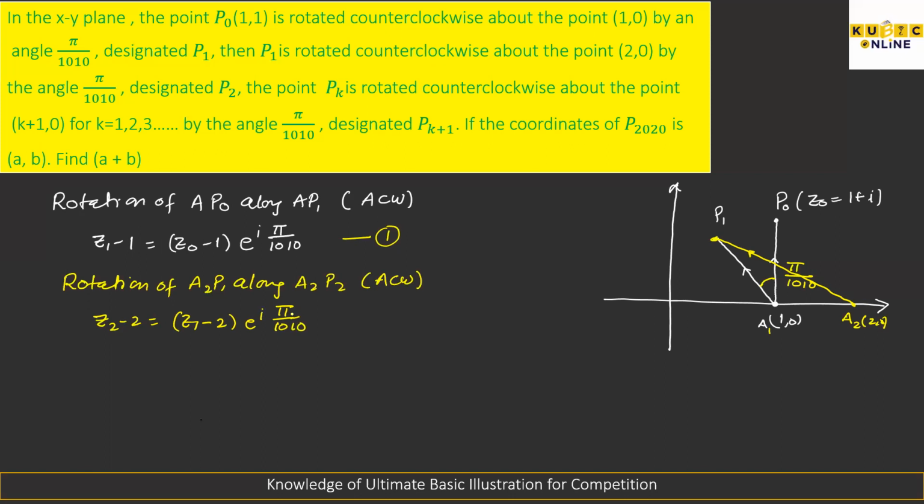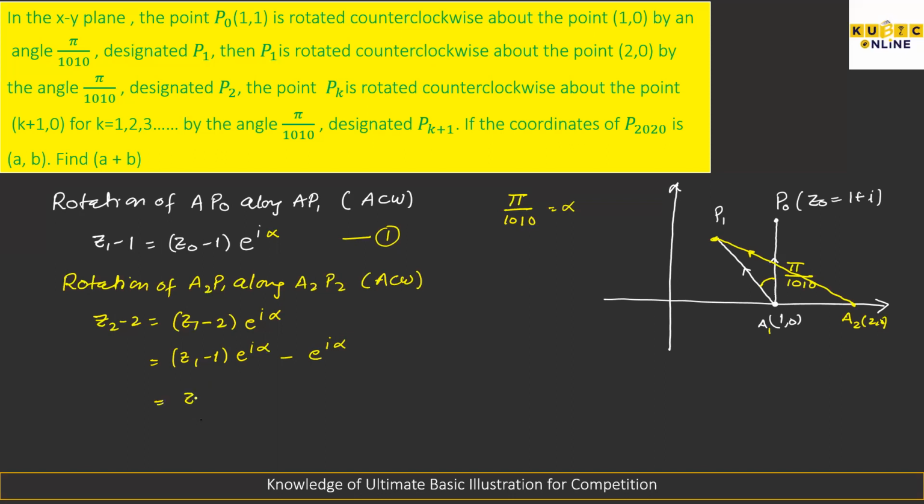To make the calculation simpler, let us assume that pi divided by 1010 is alpha. So this will be e to the power I alpha. Now we can write Z1 minus 1 times e to the power I alpha minus e to the power I alpha. So Z1 minus 1 into e to the power I alpha.